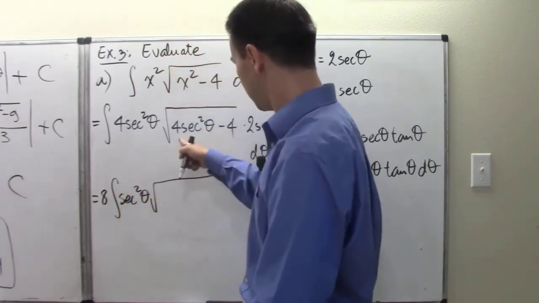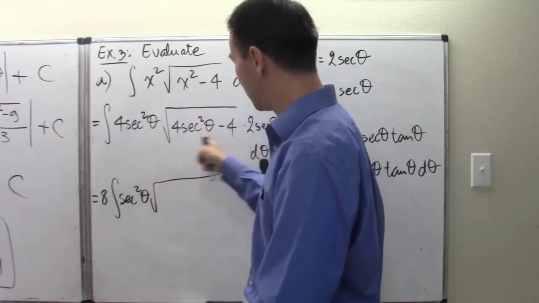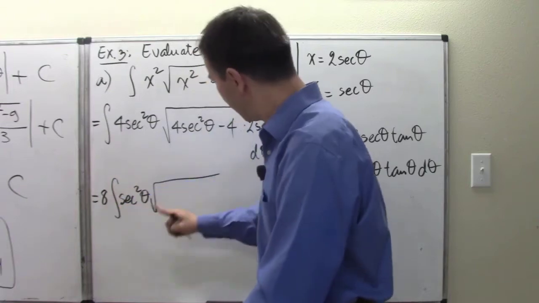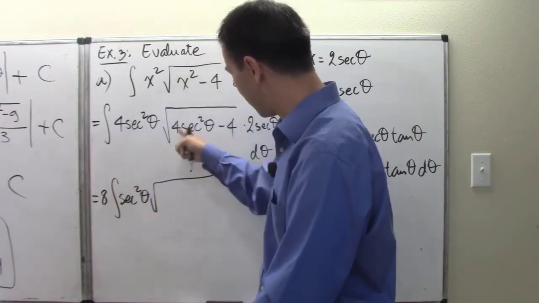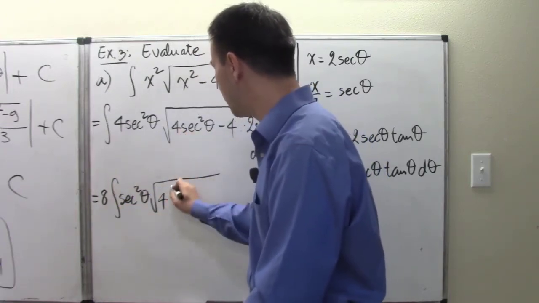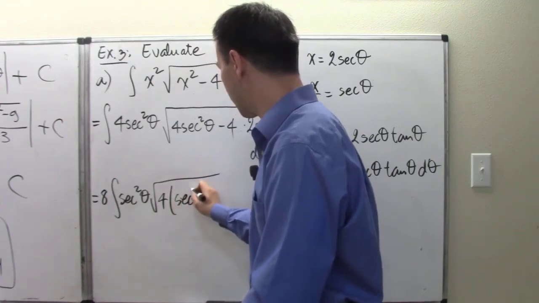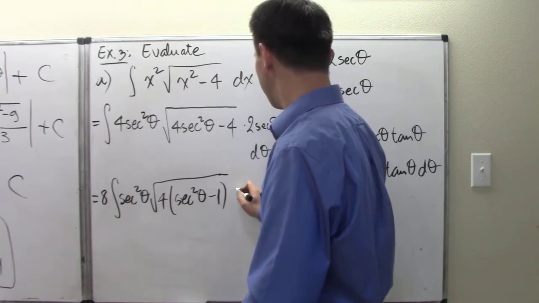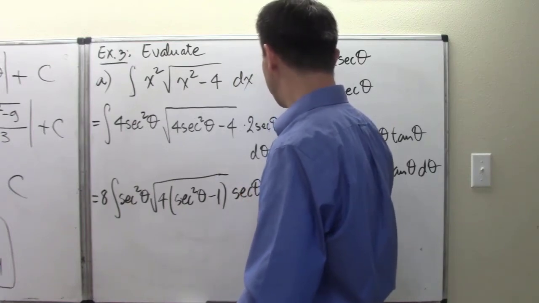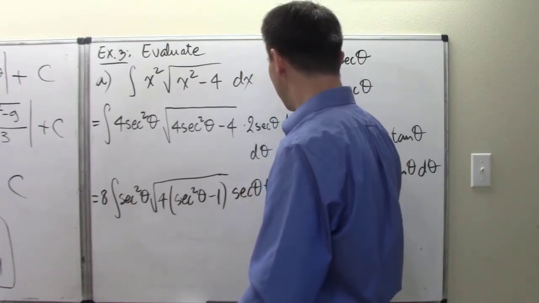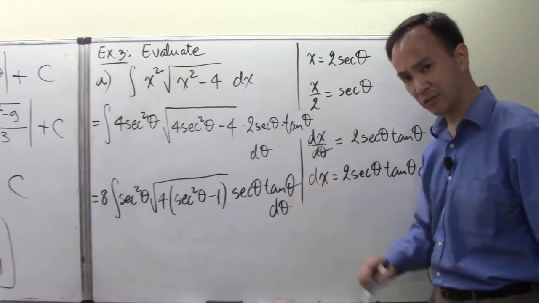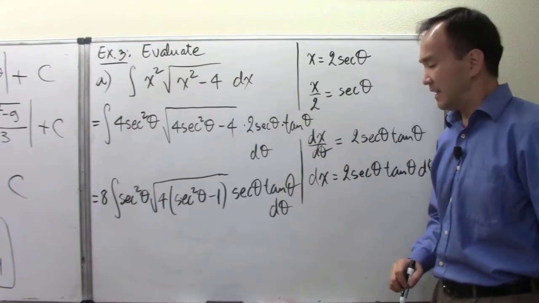Now in this same step, aside from recognizing these two can be multiplied and placed in front of the integral, I can also factor out that 4. So 4 inside my square root, and then times secant square theta minus 1. Okay, and now I have simply secant theta times tangent theta, and then multiply with a little d theta here, and allow me to jump it down the line here a little bit.